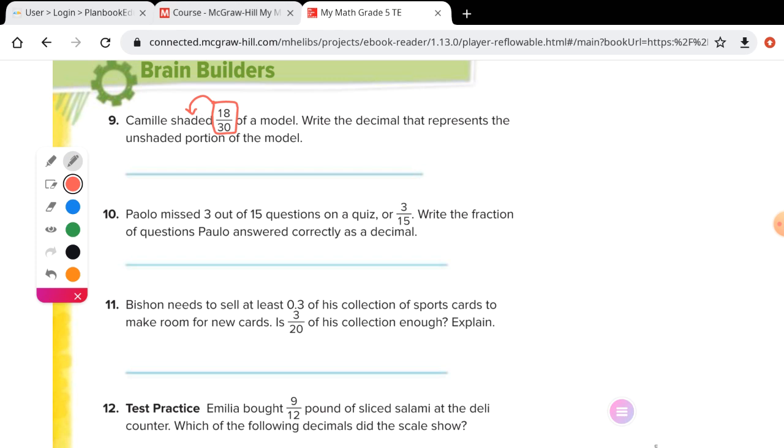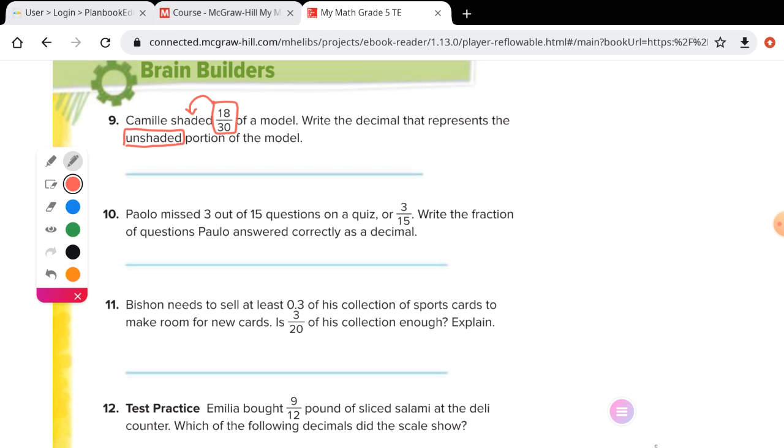It asks me to write the decimal that represents the unshaded portion. So first, how can I figure out how many are unshaded? Elise? Subtract 30 minus 18.